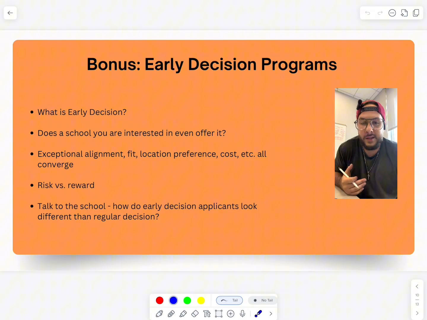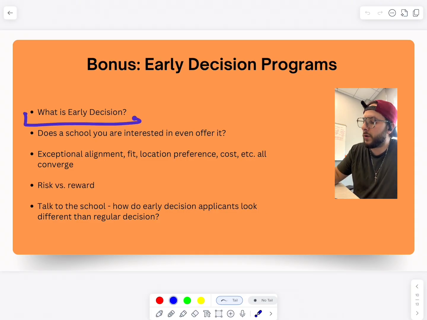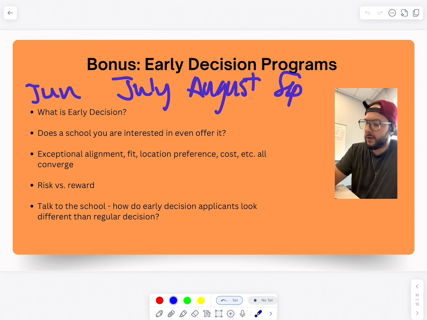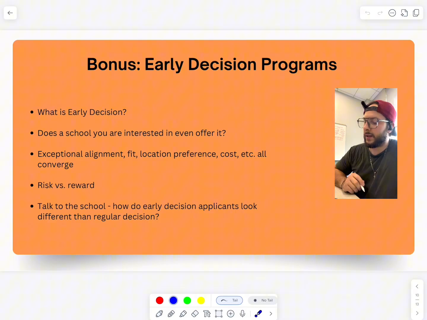The downside is typically the time by which they do that on the calendar. We'll say June, July, August, and maybe the deadline for early decision is in September, and then suddenly, you didn't get accepted via early decision and it's October or November.